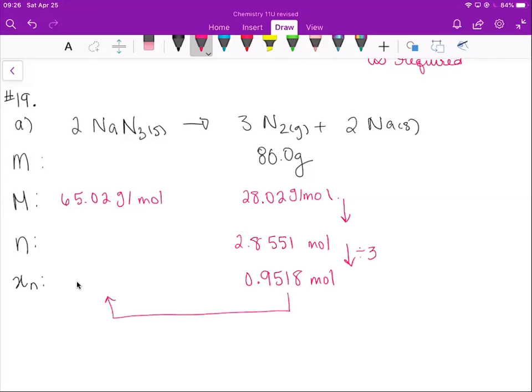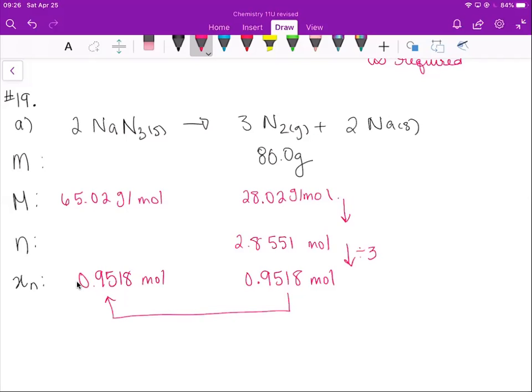So then when you carry this number over, see how I'm carrying over the 0.9518 mole. That is the most important number, but it's the most useless number unless you have a coefficient of 1. It's basically what's scaling the chemical equation proportionally, but the only way that you can find any real numbers is by multiplying it by the coefficient.